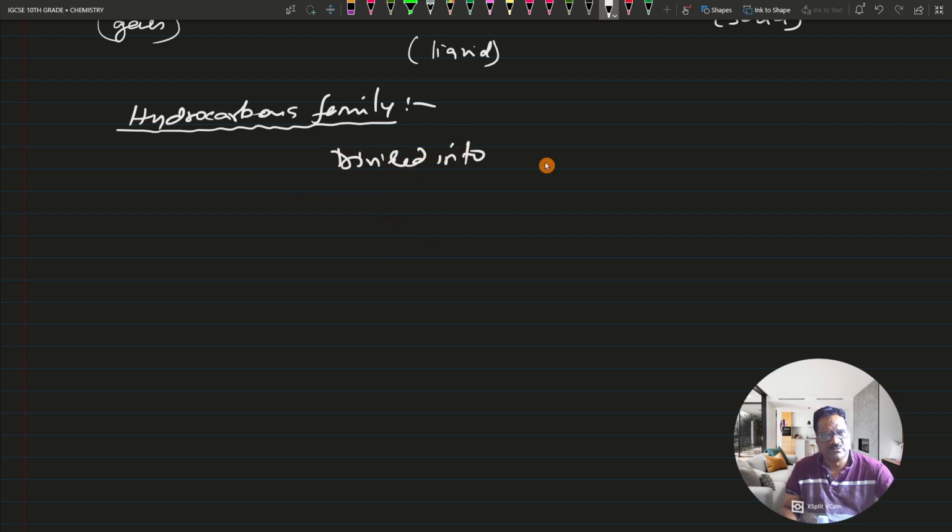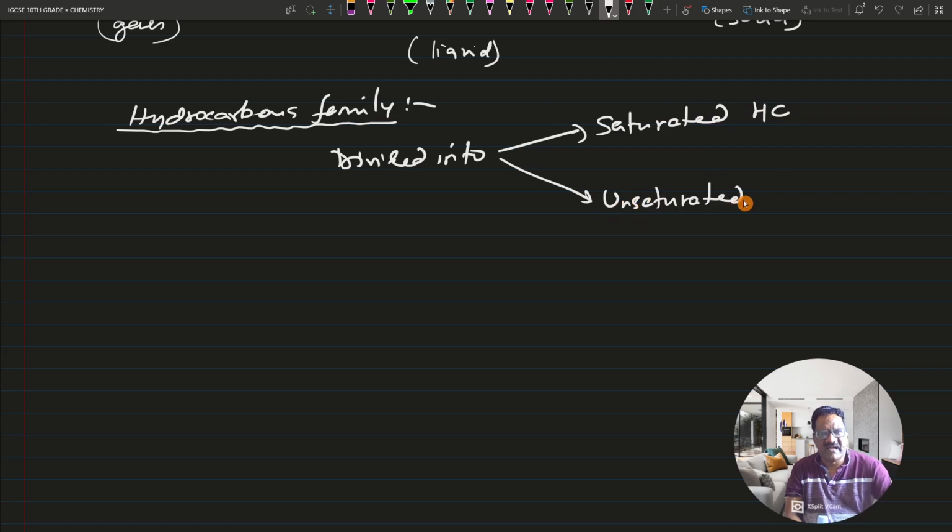or they can be divided into many categories, and the broader category is something called saturated hydrocarbons. I'm writing HC for hydrocarbons. Okay, and there's something called unsaturated hydrocarbons. You have many more, like ring compounds or ring hydrocarbons, or aromatic hydrocarbons.